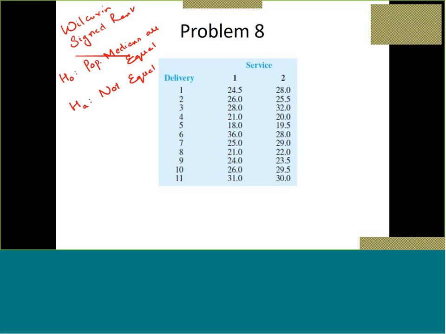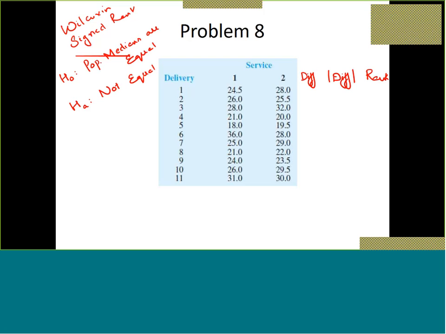For each pair of observations, calculate the difference. Then calculate the absolute difference. Then give ranks, of which calculate the positive ranks. That's it.